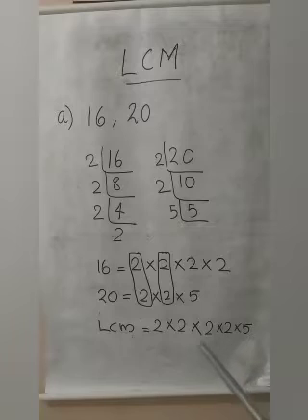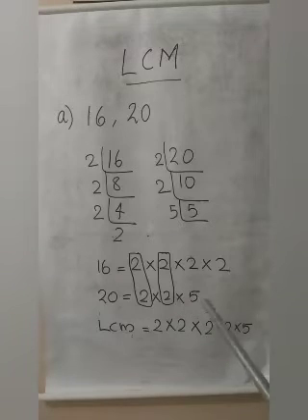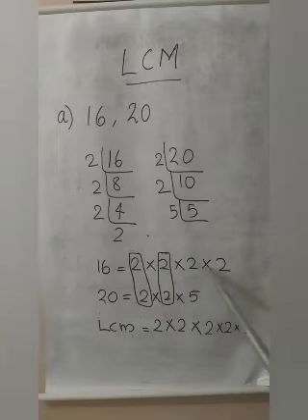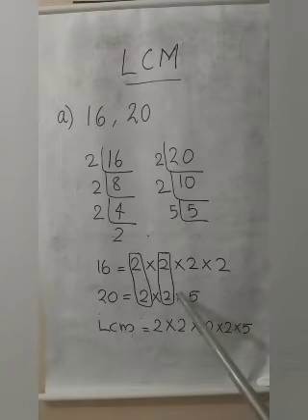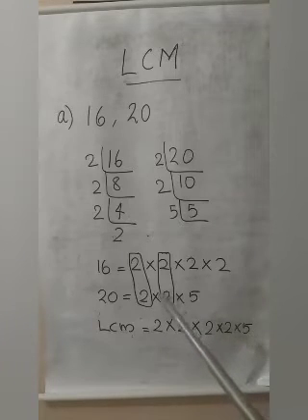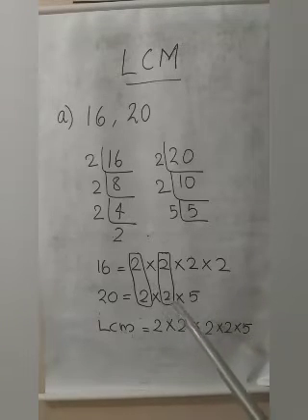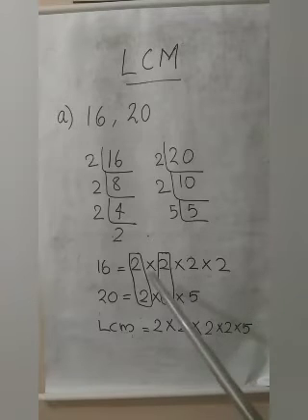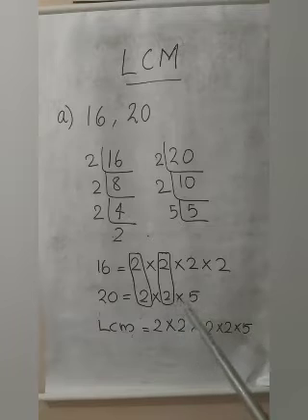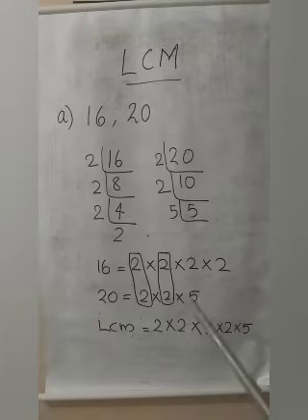In other words, when we take the factors, here in 16 four 2's are there, isn't it? But in 20 what do we have? Only two 2's. So we take the one having the highest count. Here 2 coming 4 times or 2 coming 2 times, which is greater? 2 coming 4 times.